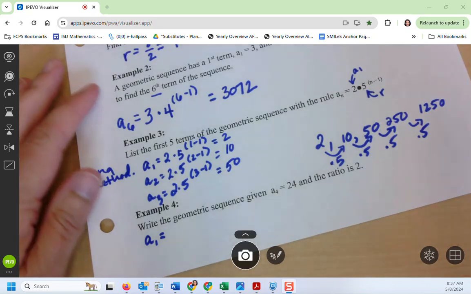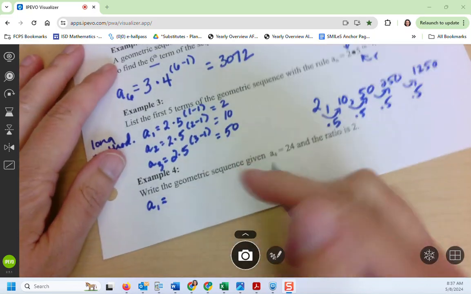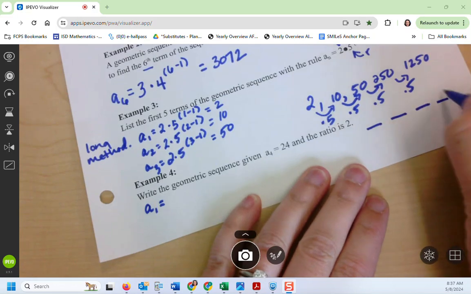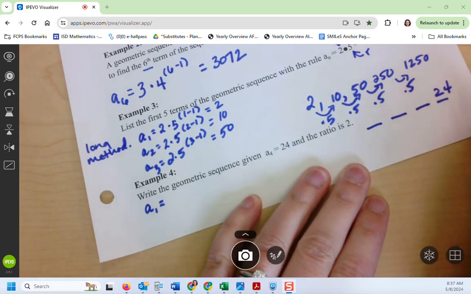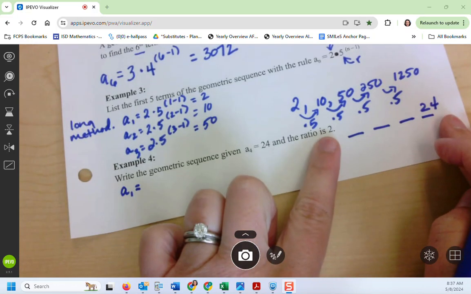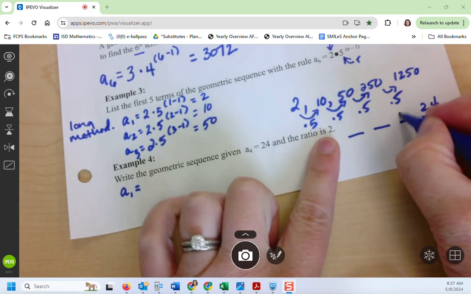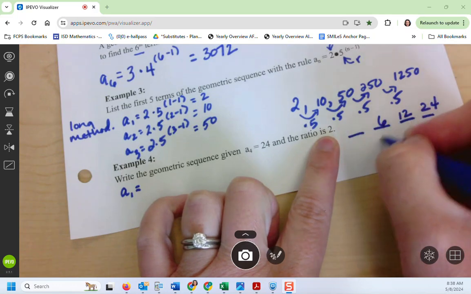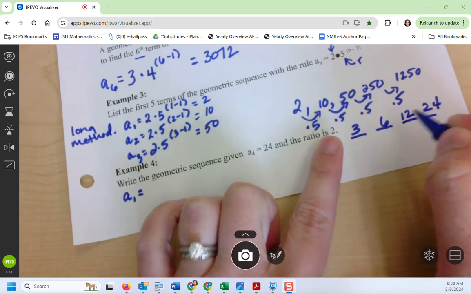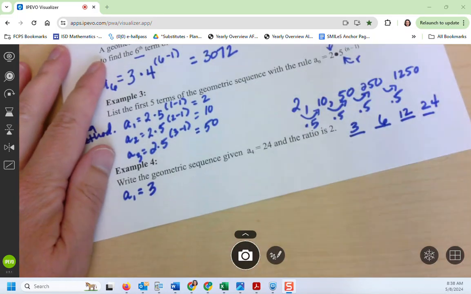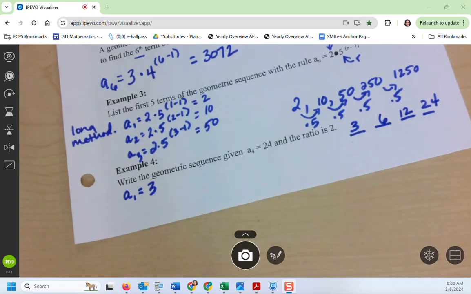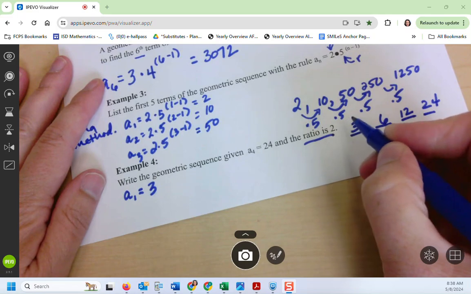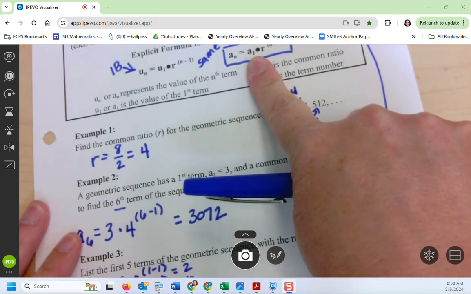All right, so when we know that 24 is our fourth term, 1, 2, 3, 4, and the pattern is multiplying by 2 each time, you can divide by 2 to get the one before it, divide by 2 to get the one before it, and then divide by 2 again. So you can see that your first term, a sub 1, is 3. And it already told us that the r is 2. So this should be all we need in order to write our formula.